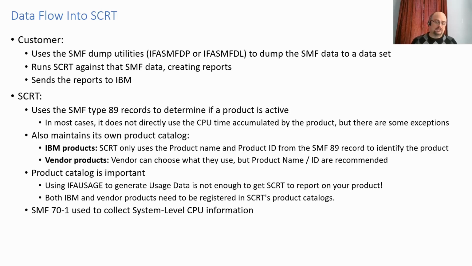The other fields, the qualifier, etc., it's going to ignore. For vendor products, the vendor can choose what they use, but product name and ID is what's recommended. So there are some options for vendor products. What this means is the product catalog is important from an SCRT point of view.